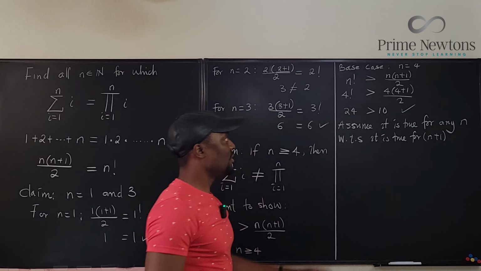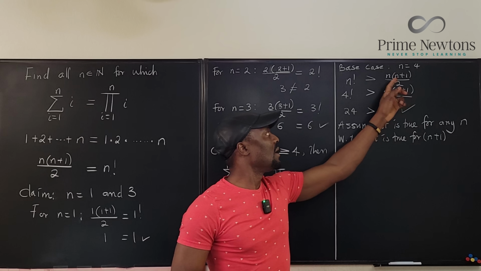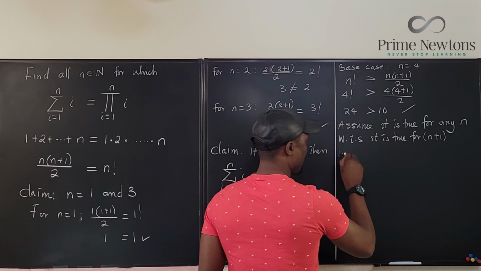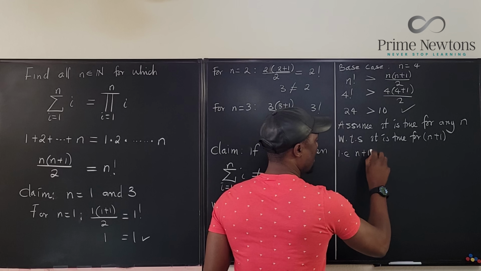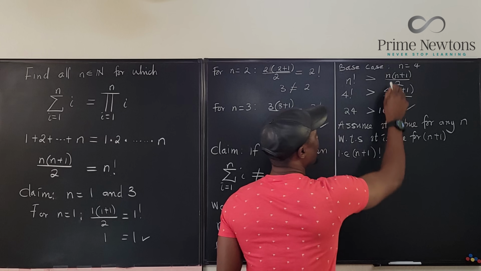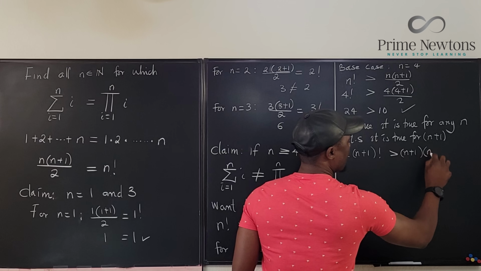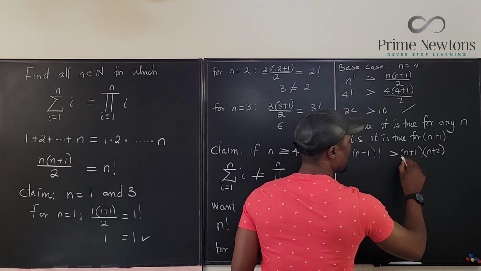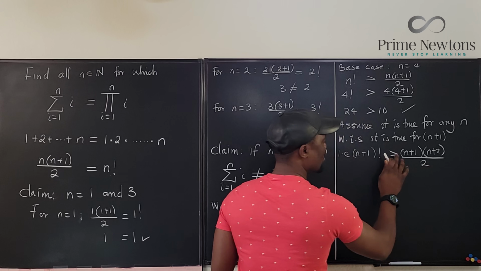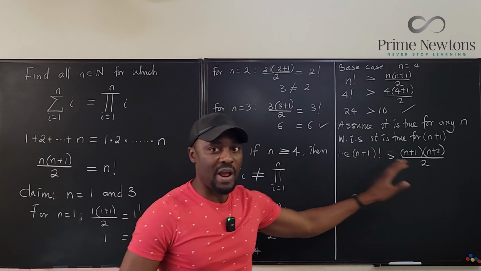How do you show it? Well, you just have to say n plus 1 factorial has to be greater than n plus 1 times n plus 2 over 2. This is what we want to show. We want to show that this is greater for any n.